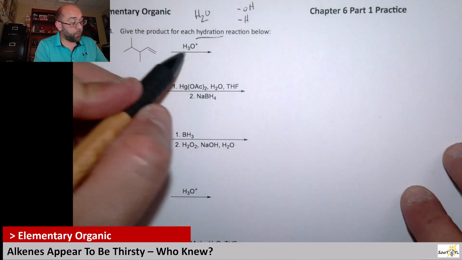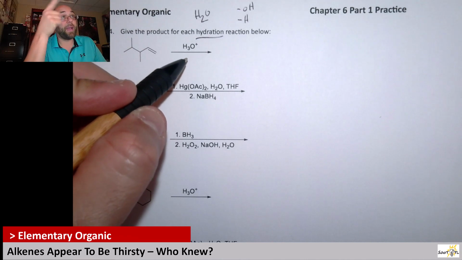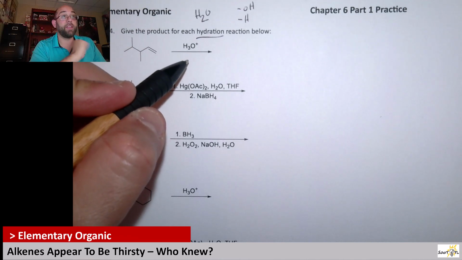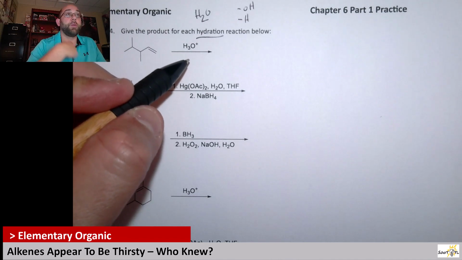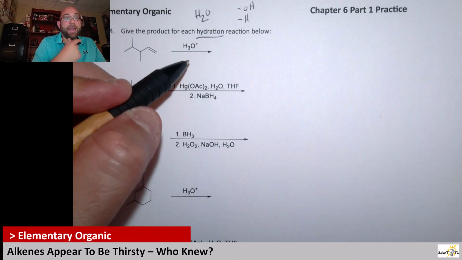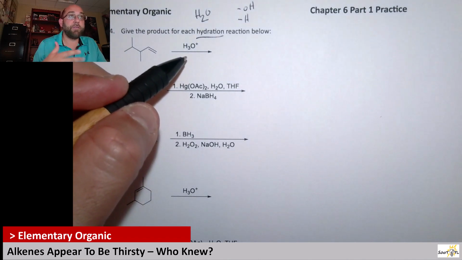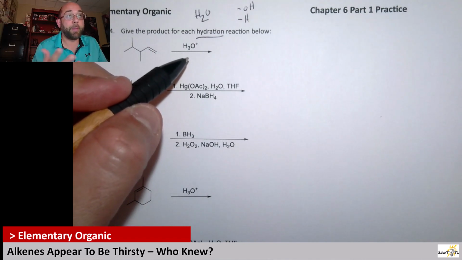A lot of times, if you ever see hydronium, H3O+, you need to stop and think about the mechanism. For the other two, we don't really focus on the mechanism. We just talk about them as Markovnikov additions or anti-Markovnikov additions. For the first iteration of them in this practice, I'll go over a generic view of the intermediate.